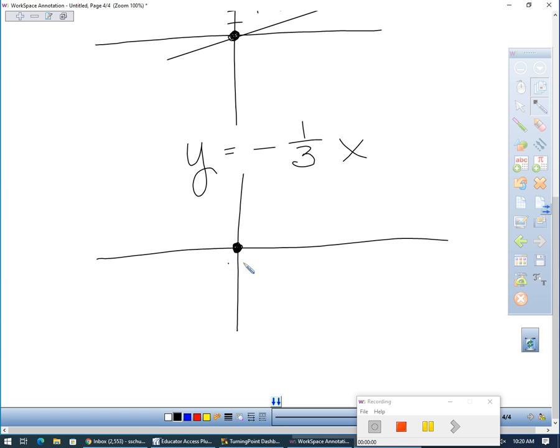So we're going to go down 1, and how many am I running to the right? 1, 2, 3. Put my dot. Connect my dots. Oh, great question. Here's my last one then.